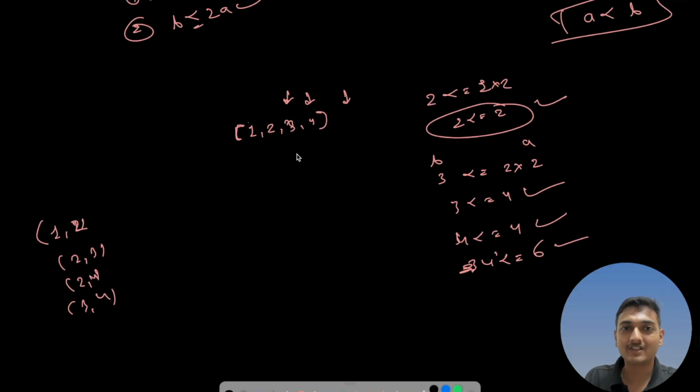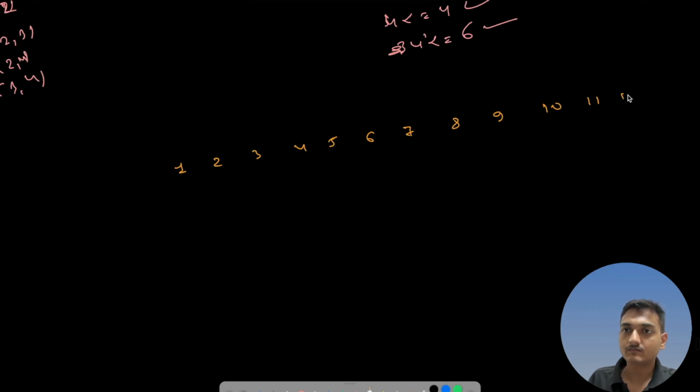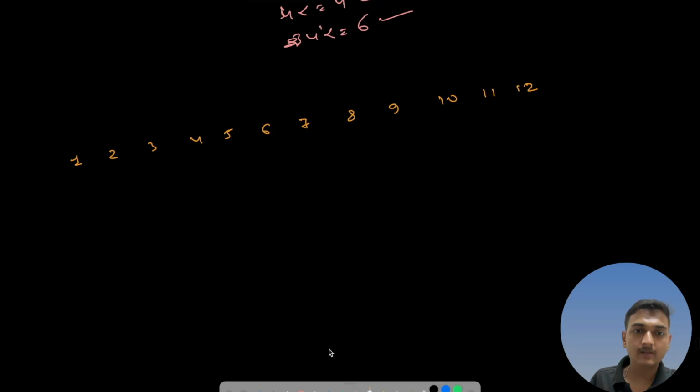I will make one more simple observation. Let me write down the array. The observation is simple, and once you get it, it will be very easy. If I am at 3, let's say, and I have checked for 6, superb.